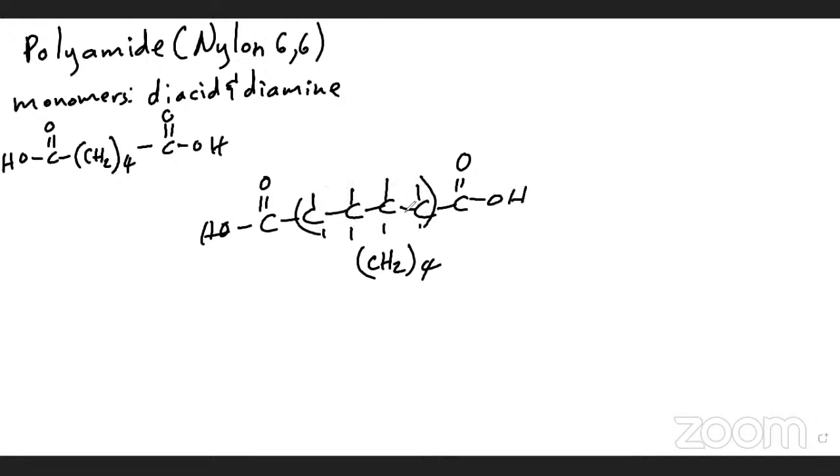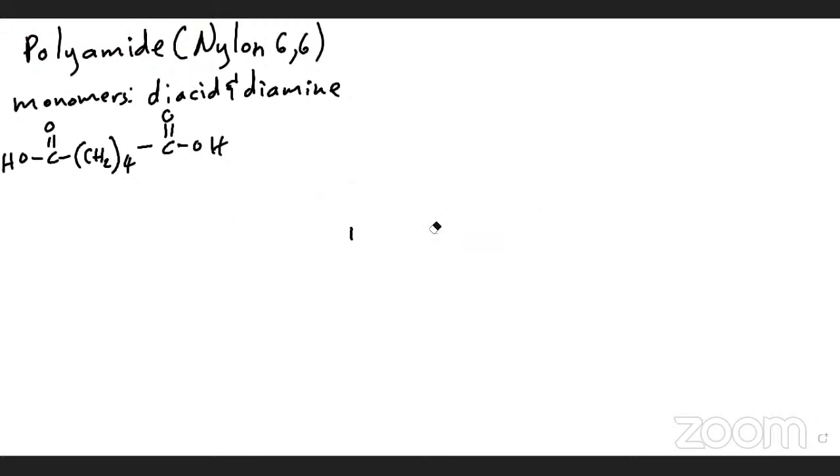So instead of doing all of that, we need to save space, and so put CH2 in bracket and the 4 outside. So this is one monomer. The next one.